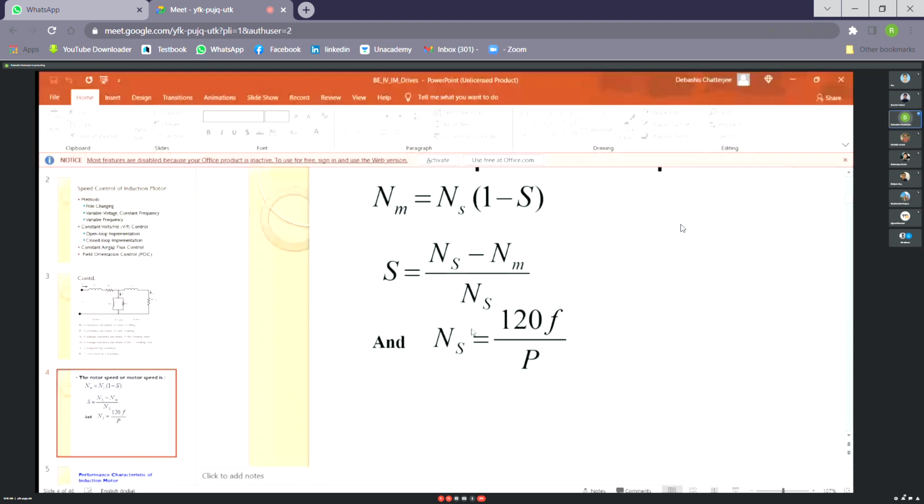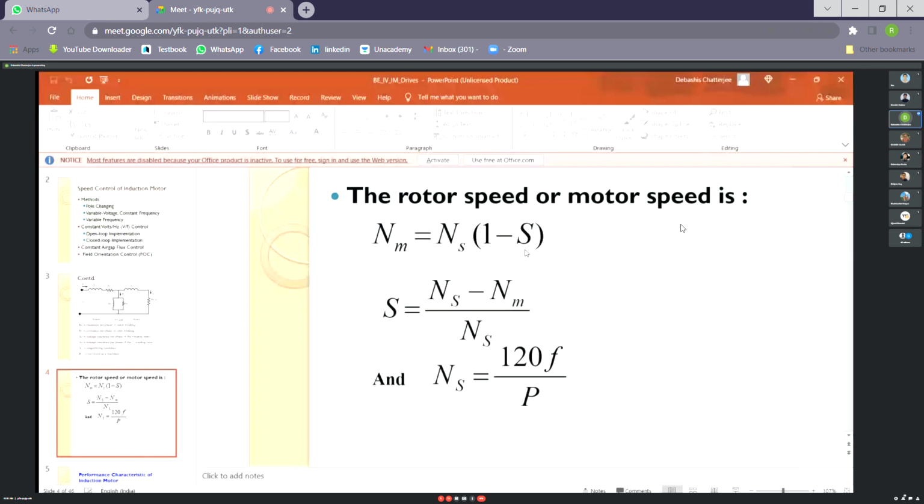Now this slip, at full load, is about 4% for almost all, 99.9% of the machines. Maybe a few machines will have 5% maximum. And at no load, it is below 1%, or 0.5%. It's very negligible. That means we have a variation of 0.5% to 4% of synchronous speed.